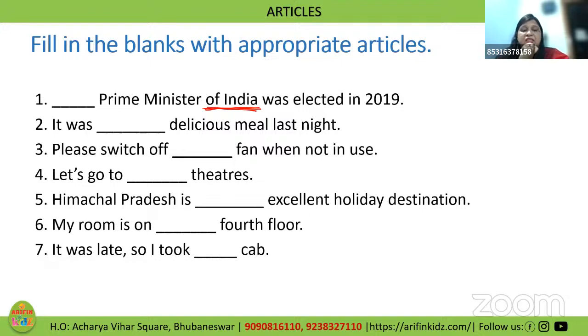Two. It was dash delicious meal last night. Yes, very good. The first one is the, second one is a. Three: please switch off dash fan when not in use.